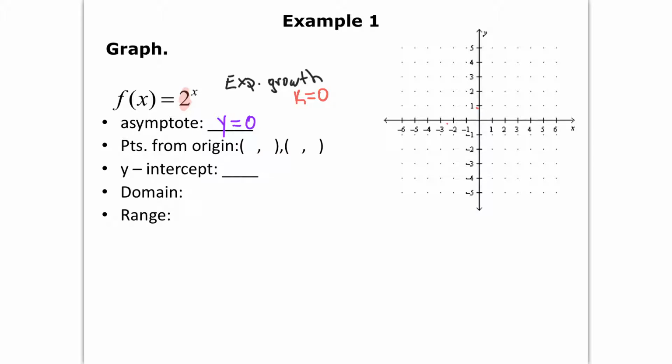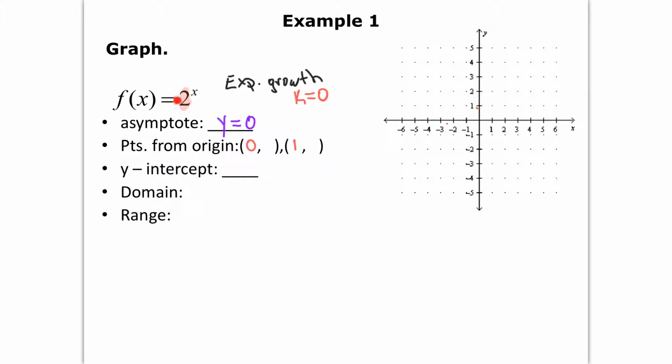Now, for the points we use, for the first point we have an x value of 0, and for the second point, the x value is 1. If you guys do not have a k value, you just have the parent function. We don't have an a as well because there's no negative in front of the 2. Sometimes you have a different number multiplying the base.